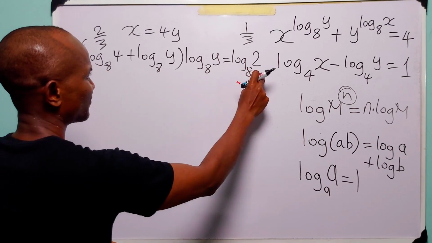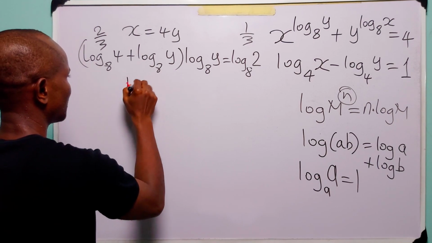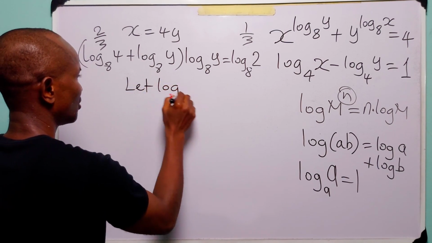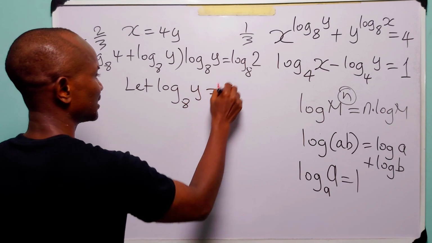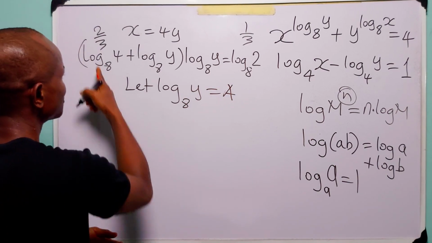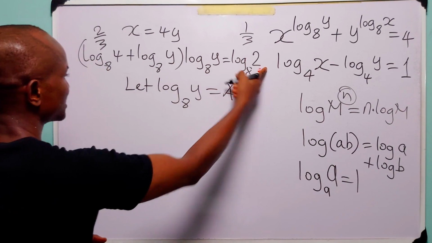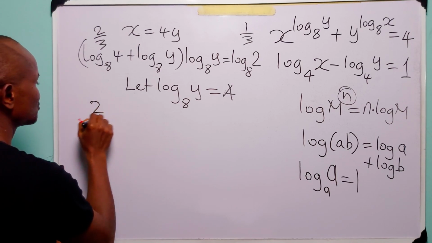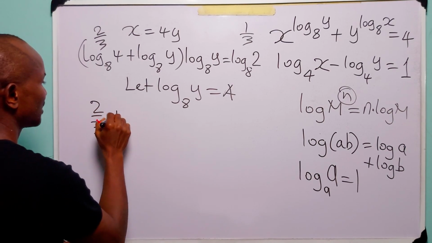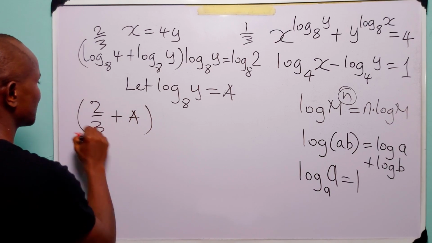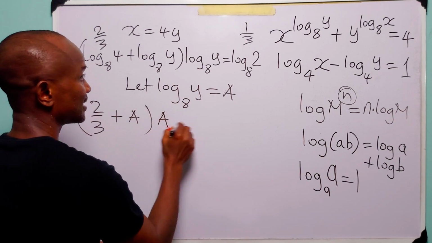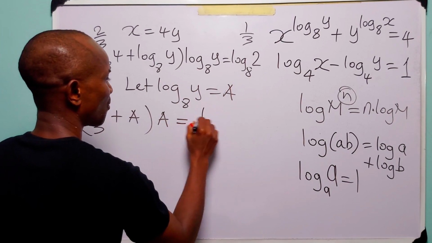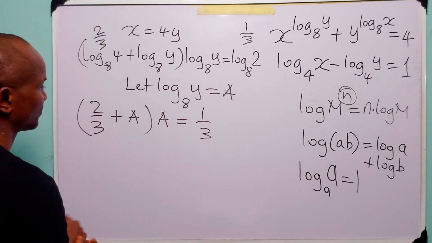Now, to further simplify this equation, let log to base 8 of y be equal to a. So now we have that this equation is equal to 2 over 3 plus a, multiplied by a, is equal to 1 over 3.